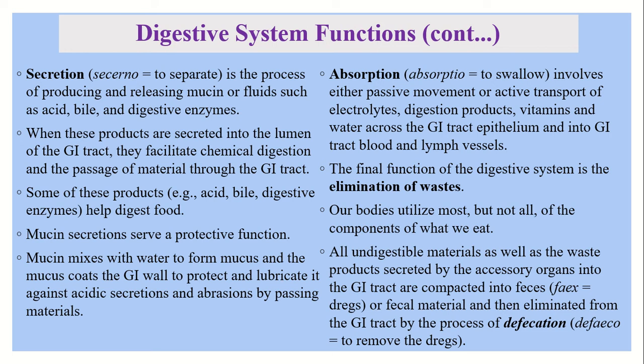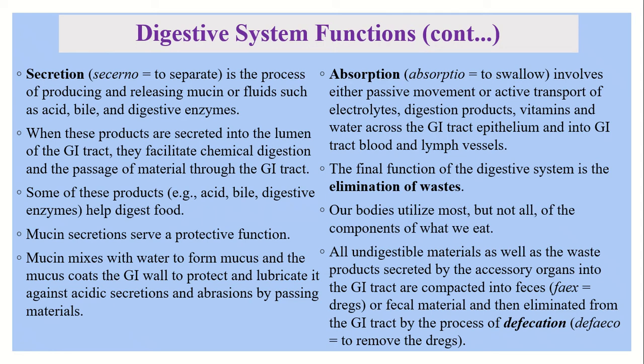Mucin secretion serves a protective function. We can show the example in the stomach, in the large intestines, that mucin mixed with water forms mucus, and the mucus coats the GI wall to protect and lubricate it against acidic secretions and abrasions by passing material, as I said, in the stomach, for example.